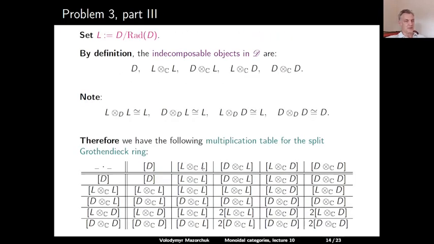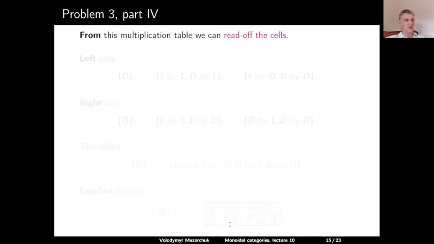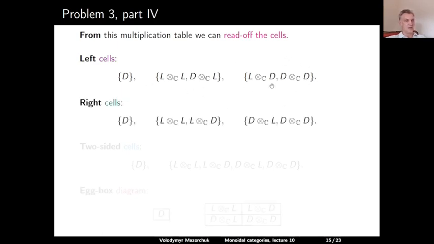Starting from L tensor L, we can change the left component to D, but that's it. And starting from D tensor L, we can change the left component to L, but that's it. This means that L tensor L and D tensor L form a left cell. Similarly, L tensor D and D tensor D form a left cell. So we have 3 left cells.